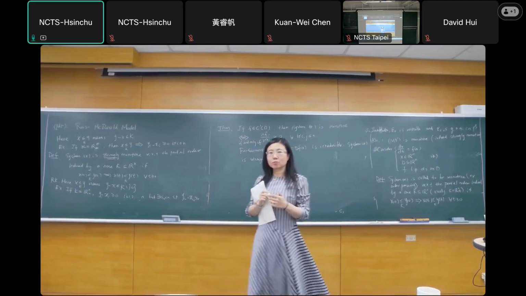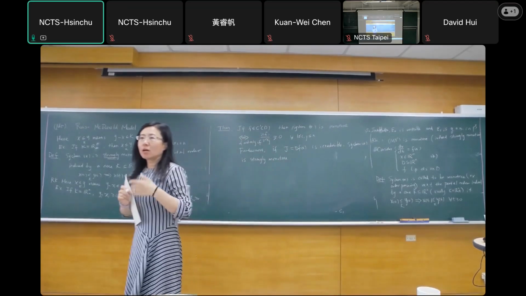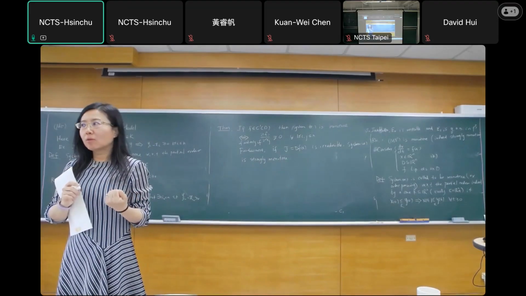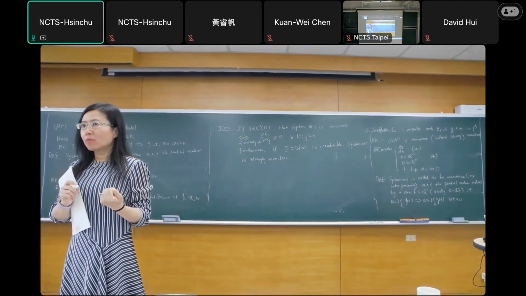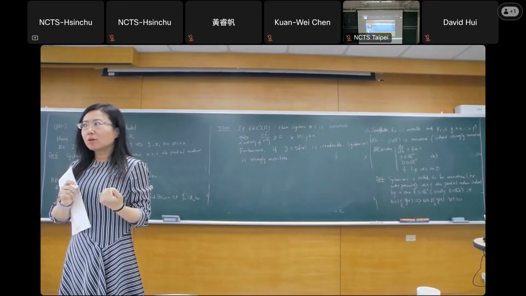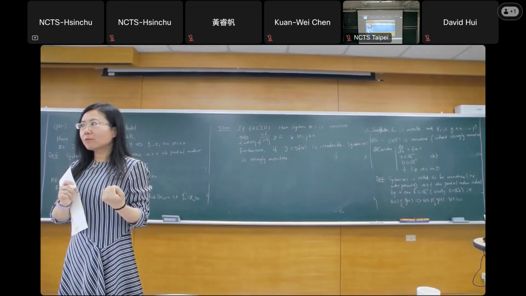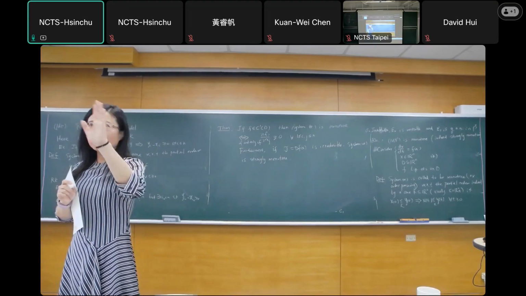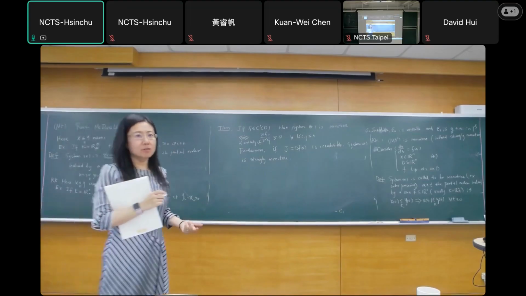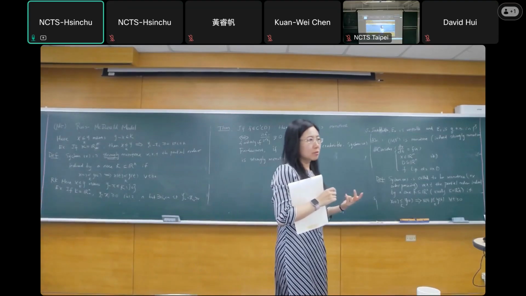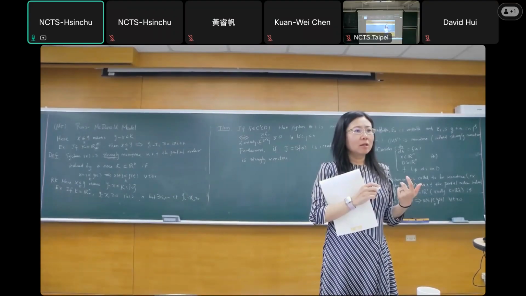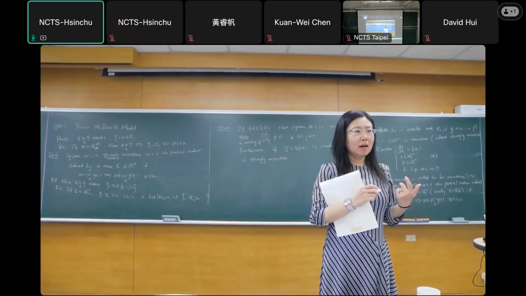So are we familiar with this? When are we going to say a matrix is irreducible? Anyone have some idea? This is a functional matrix, but if you fix x, it's a constant matrix. What do you mean when a matrix is irreducible? How are we going to check? A cannot be decoupled.